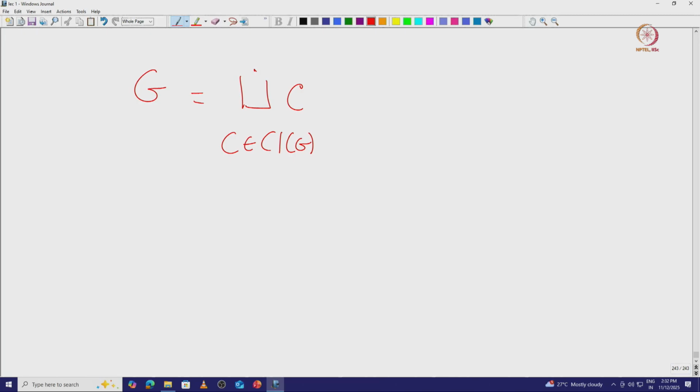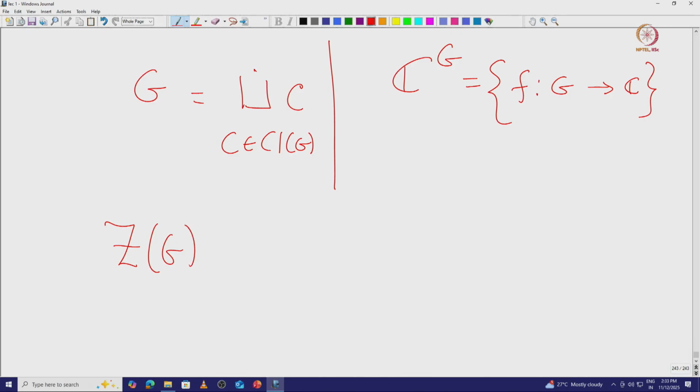Now, given this, we can define the space of class functions. Recall that C[G] is nothing but the set of all complex valued functions from G to C. Now we are going to define a subset, which is the set of all class functions.